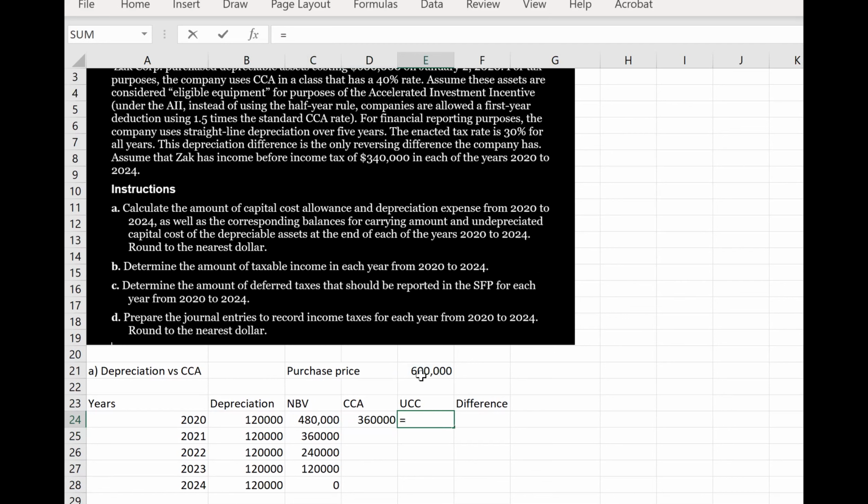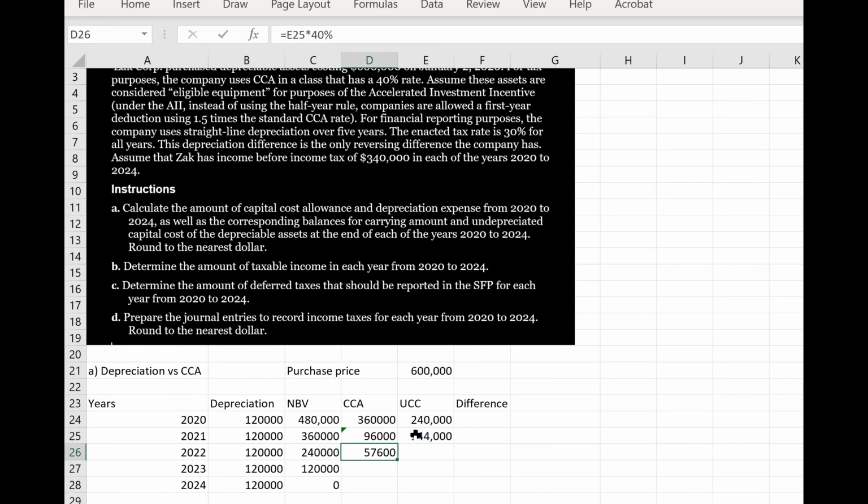My UCC is going to be my purchase price minus my CCA taken to date for the first year. The next year, my CCA is going to be my UCC times the rate. It's really important to remember we're multiplying the UCC times the rate. And then my closing UCC is going to be my opening UCC minus the CCA taken for the period. So same thing here, I'm going to take opening UCC times 40%.